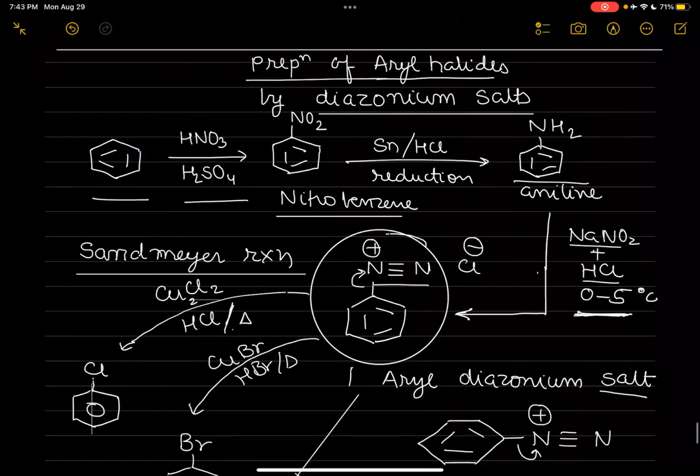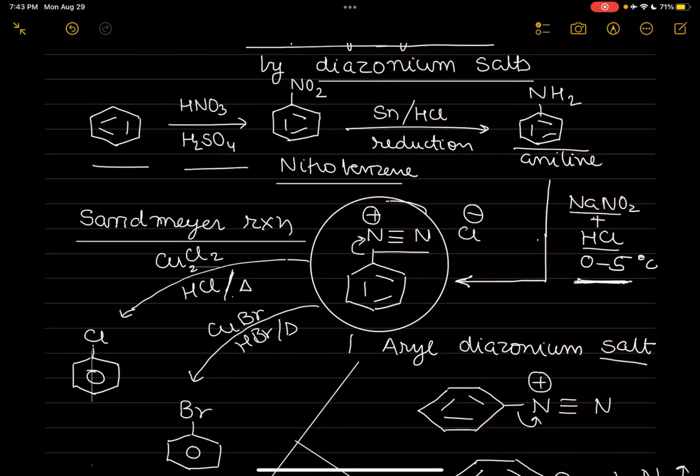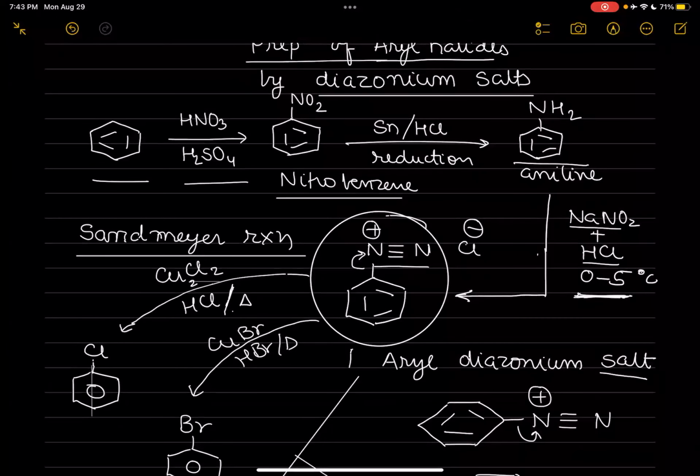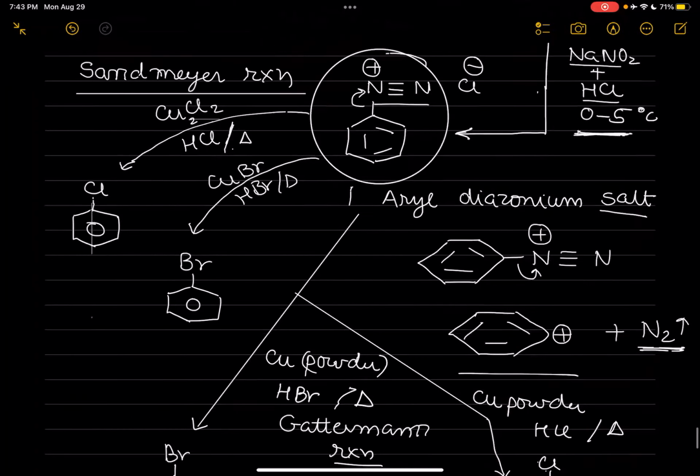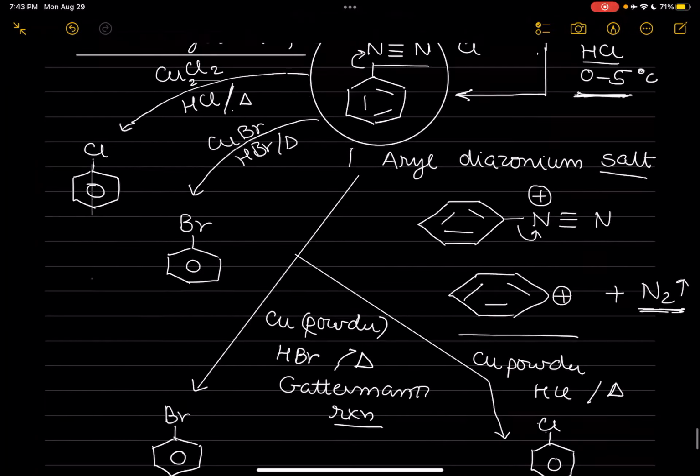Directly, you can have chlorobenzene by reacting benzene with Cl2 and FeCl3. Why will someone convert benzene to nitrobenzene, then to aniline, then to diazonium, and then to chlorobenzene by the Sandmeyer or Gattermann method? This is a long process. But sometimes the question comes, so still you need to know. That is very important.